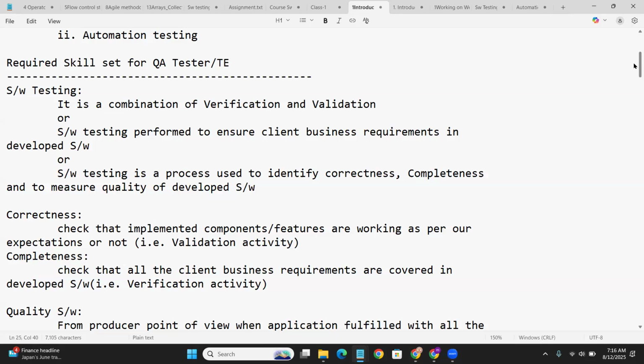The producer is the team involved in developing the software. The end user is the person who is finally going to use the software.